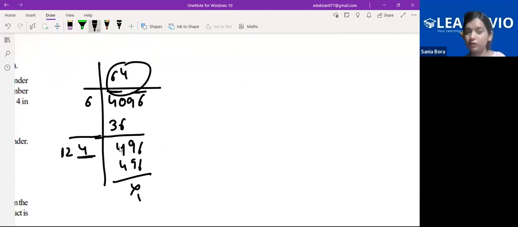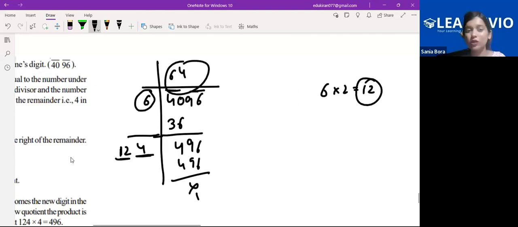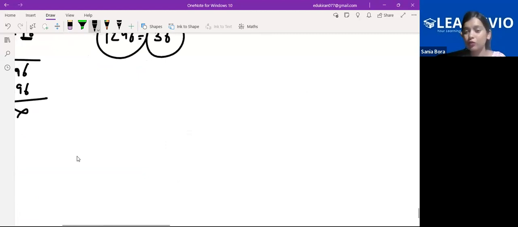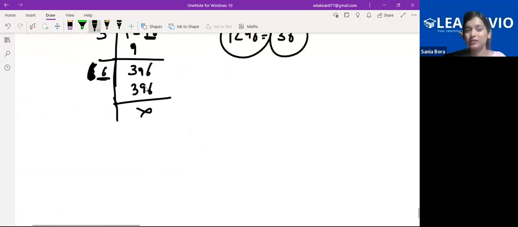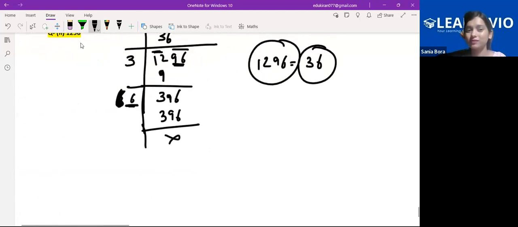On the side, you had to put 12. Yeah, because what you have to do is double of this. 6 multiplied by 2. That's why you wrote here 12. And in this case, it was 3. So 3 multiplied by 2 is 6. That's why I wrote here 6. Got it?